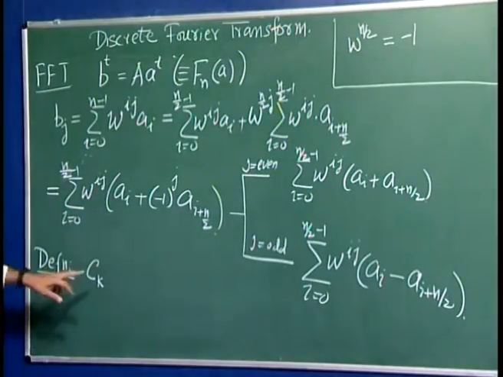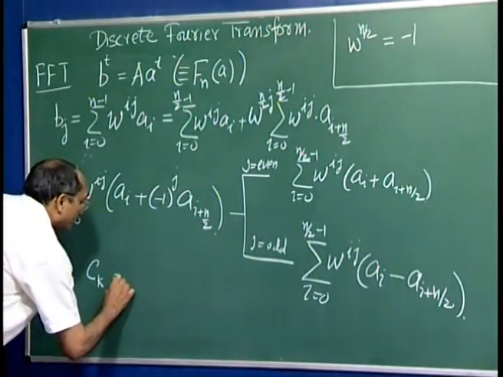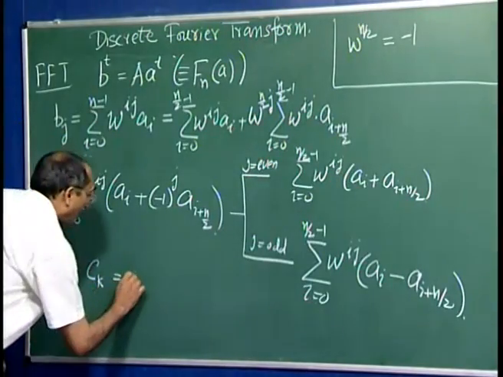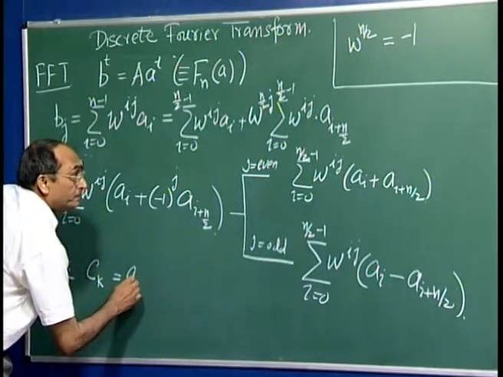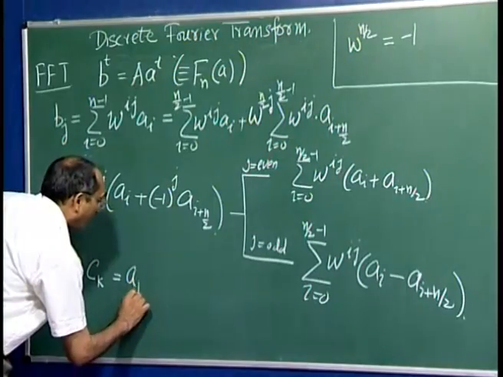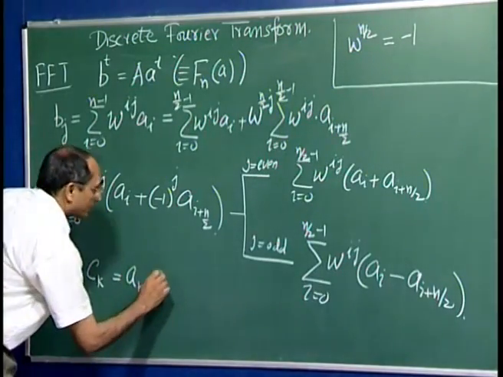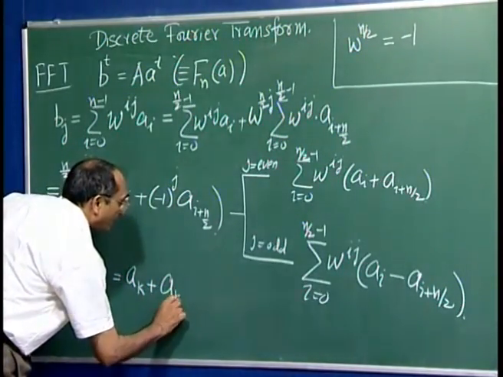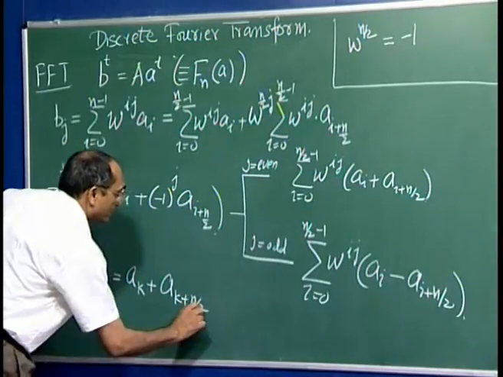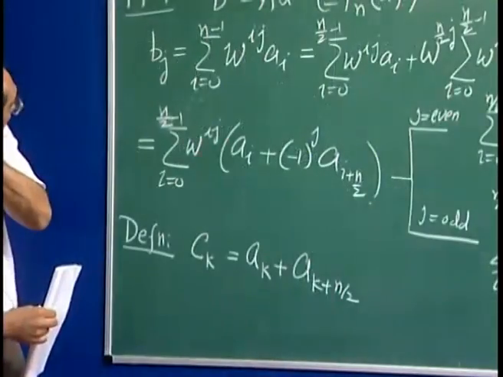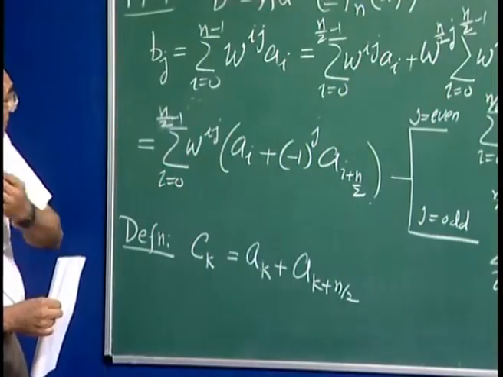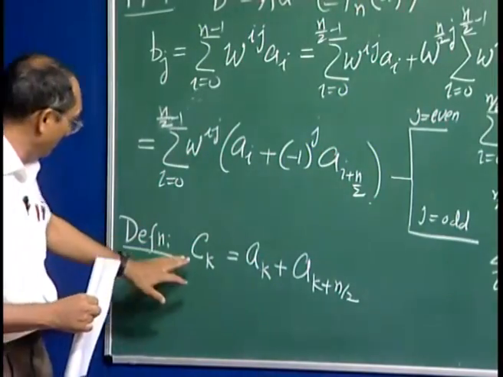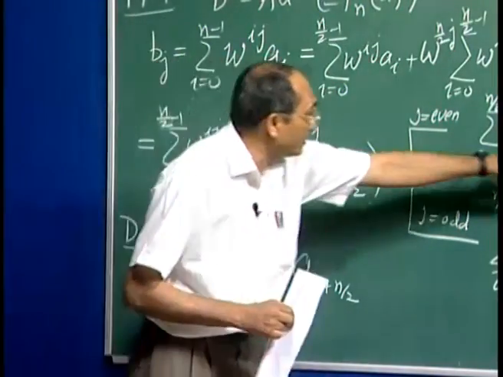You should think of j as 2k. C k is a k plus a k plus n by 2. Sorry, this k is nothing but this i here.